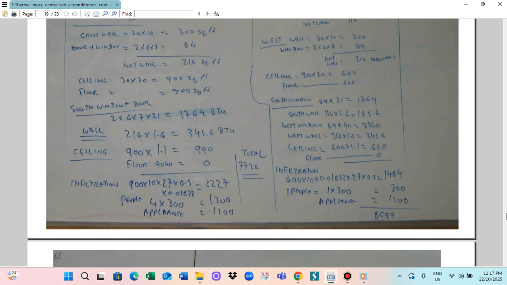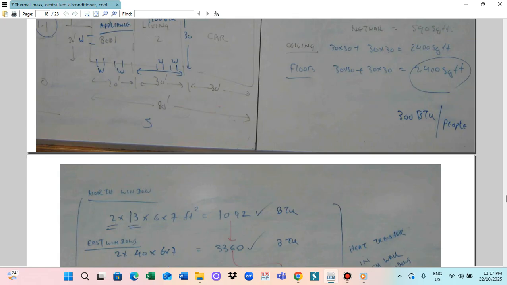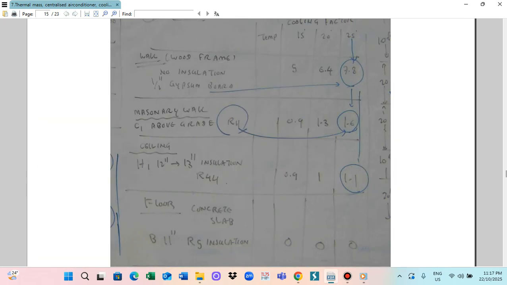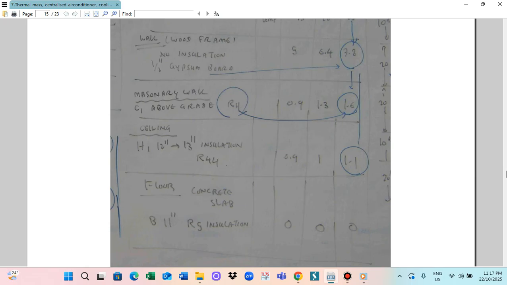And you also have to calculate the wall. The wall also belongs to the south side. So what kind of wall? This is the masonry wall, because only the east side wall is the timber wall. In the problem given, east wall is timber; north, south, and west walls are masonry.